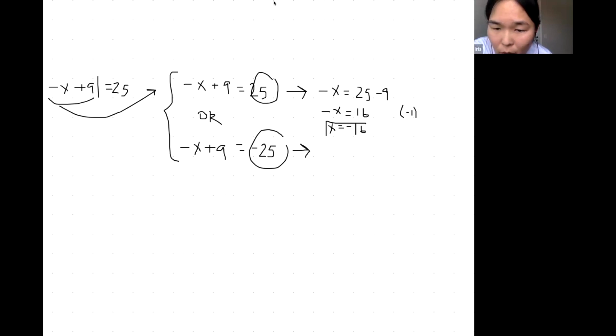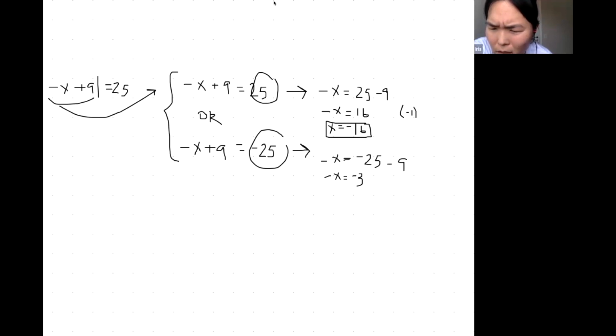Then the other is negative x plus 9 equals negative 25, so negative x equals negative 25 minus 9, which is negative 34.